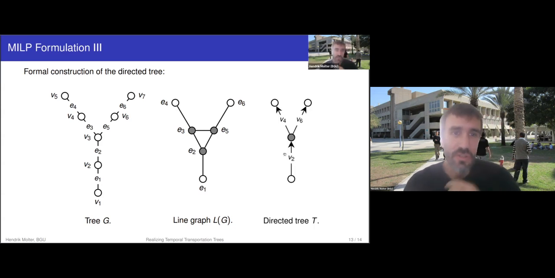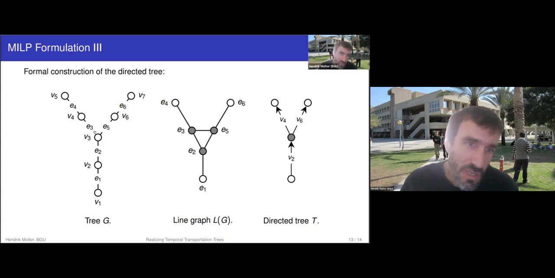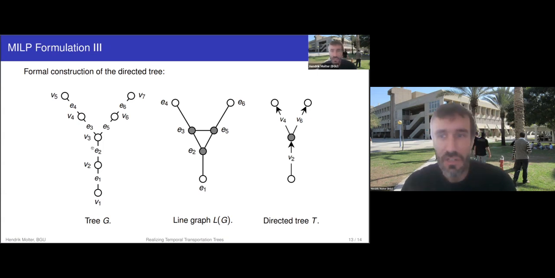So this yields this directed tree here. So we merged all of these to this middle vertex, and now this arc here corresponds to this vertex V2, which was corresponding to this edge, and it's directed upward because the neighbors V1, V3 are ordered in this direction, and the same with the two other arcs here.